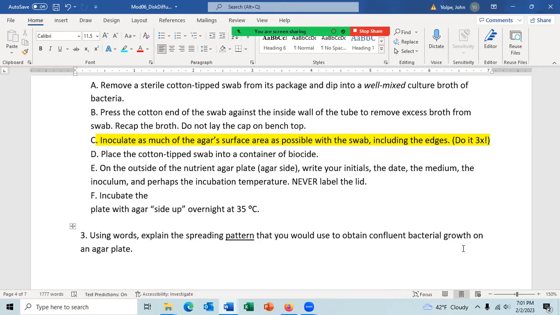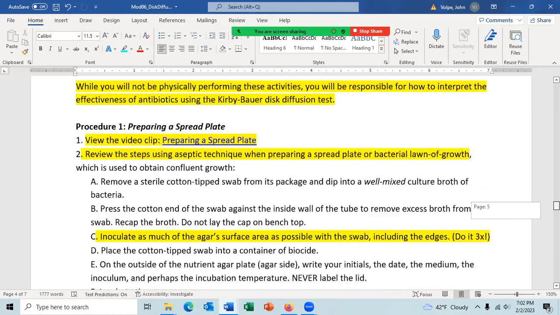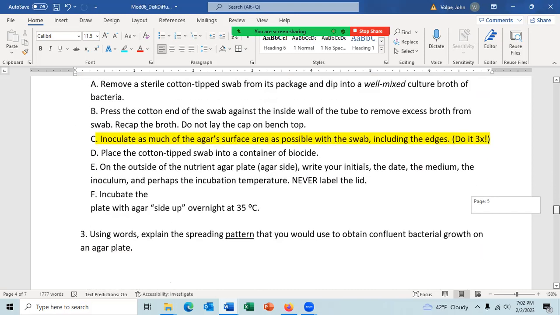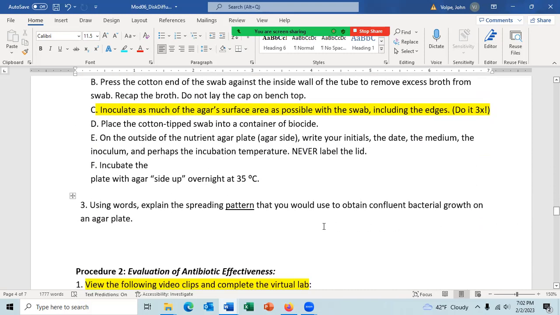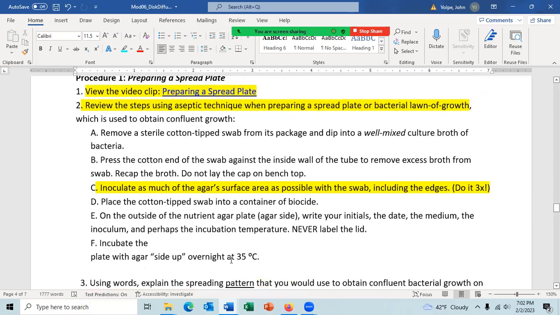Where is it telling you to put the antibiotic discs on? I don't see that listed here. All right, this is preparing the spread plate. And then you let the plate sit for 5 minutes, no longer than 15 minutes. And then you put on the antibiotic disc. That should be another step in here that's missing.